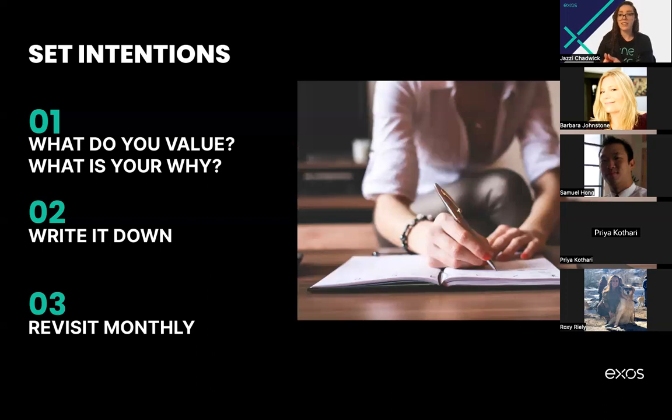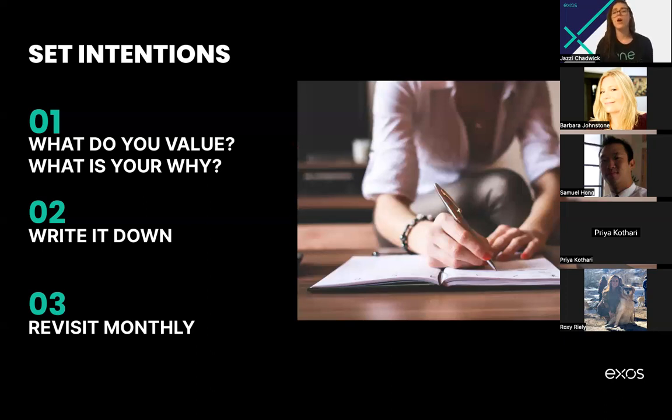And ask yourself why 5 to 7 times, because sometimes our initial motivation, our initial why, is very superficial. If we keep asking ourselves why, we're really going to get into the deep nitty-gritty and figure out what it is that's driving us. And that's going to help us be more successful when it comes to achieving our goals.